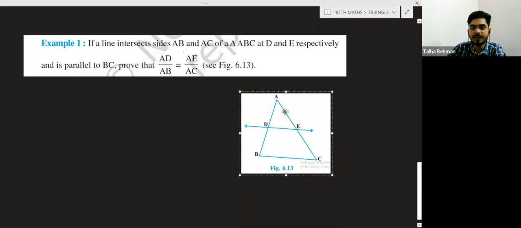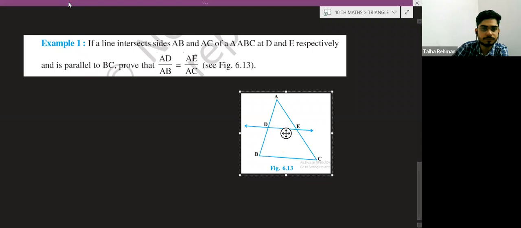If a line is intersecting AB at D and AC at E respectively, and is parallel to BC, this DE is parallel to BC, then we have to prove AD divided by AB is equal to AE divided by AC. So we know that this DE is parallel to BC, given.